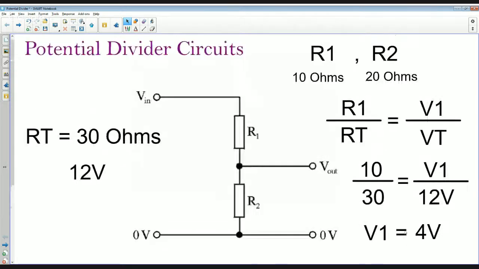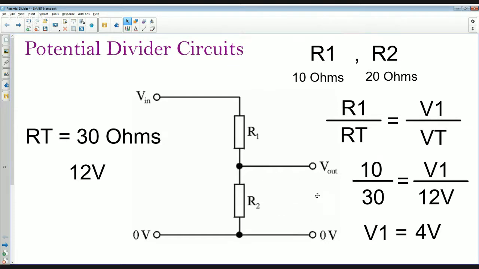Well, that's if we calculate R1. But most of the time, they ask you to calculate what's happening at the Vout, because this is the potential difference that we want to power whatever circuit is expected to work on this side.